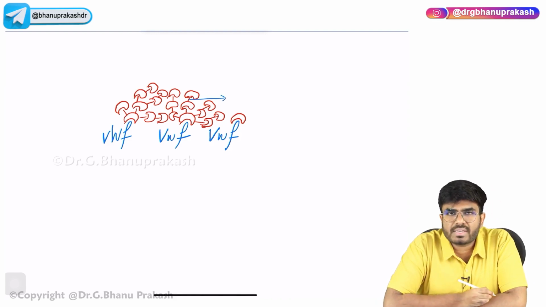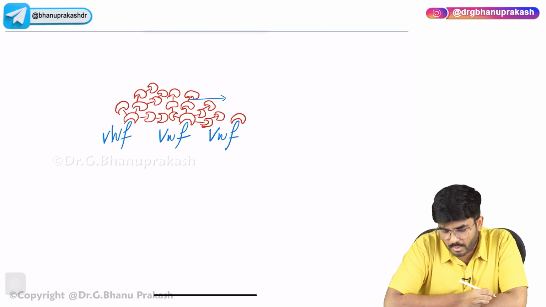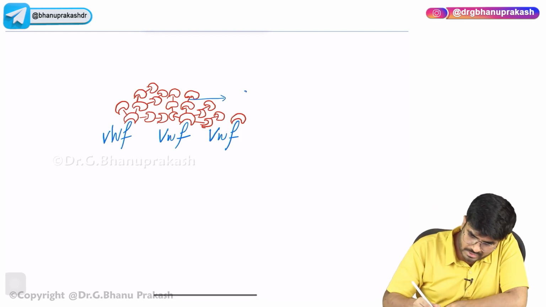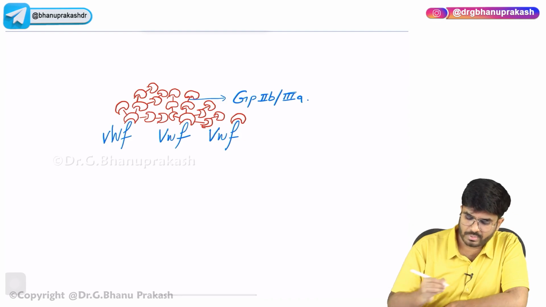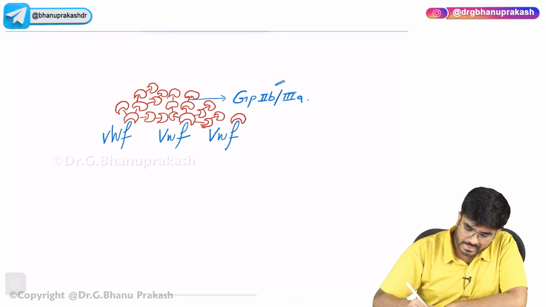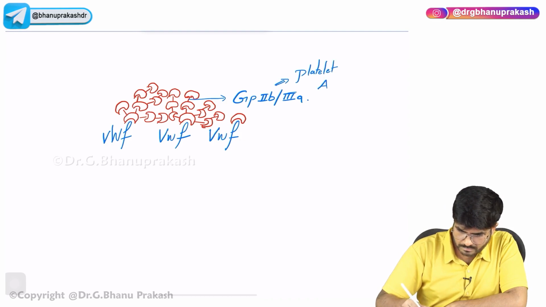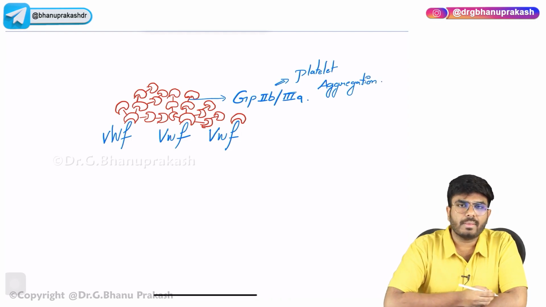This molecule is called GP2B3A. Okay, with the help of GP2B3A, what is happening? Platelet aggregation is happening.